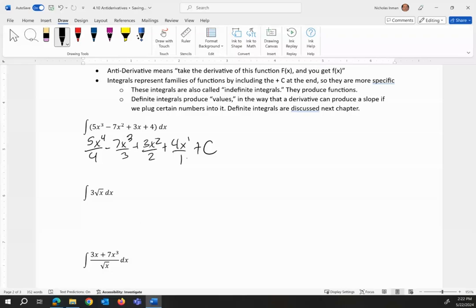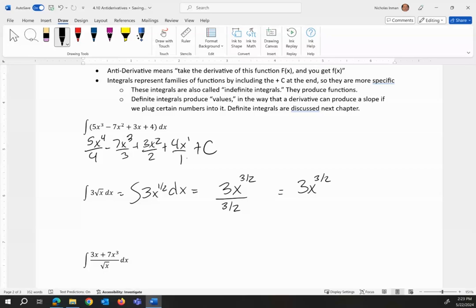Nothing reduces. I guess I don't really need the over 1 and x to the first power, but that's our answer. Here we have 3x. I would rather see this as to the 1/2 power. So when we do our antiderivative or our integral, we add 1 to our power, and then we divide by that new power. So when you divide by a fraction, I hate writing plus c until the very end.